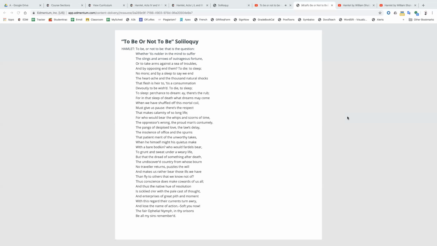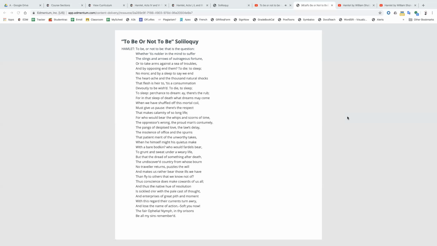For in that sleep of death, what dreams may come, when we have shuffled off this mortal coil, must give us pause. There's the respect that makes calamity of so long life.